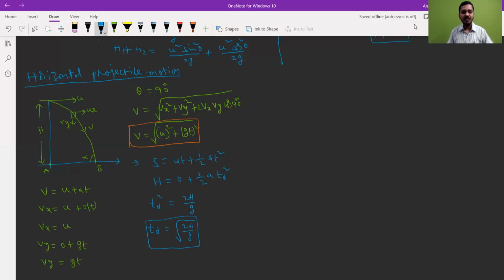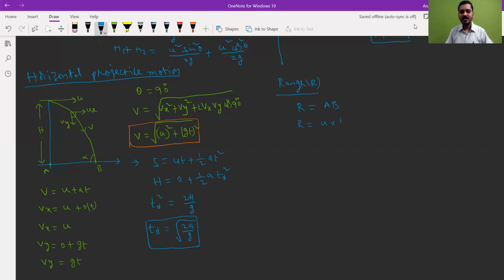Next, the horizontal range. The horizontal distance or range in horizontal projectile motion, denoted by r, is the horizontal distance, which is equal to the distance from point A to point B. Then the range r is equal to the horizontal velocity into the time taken to reach the ground level.